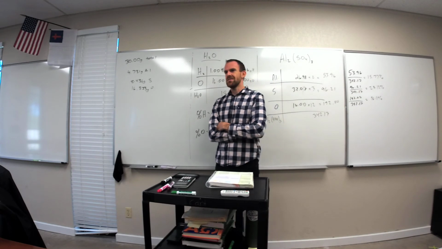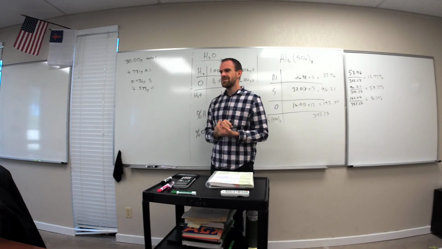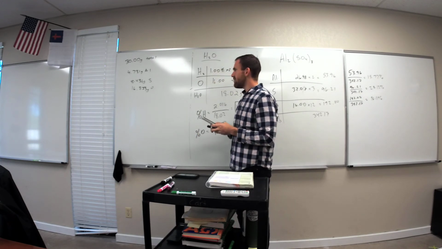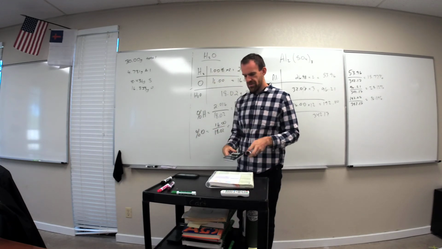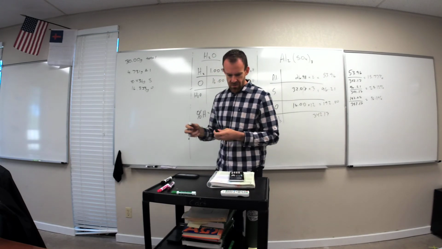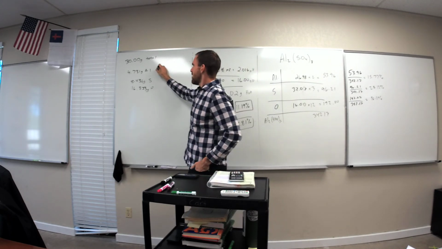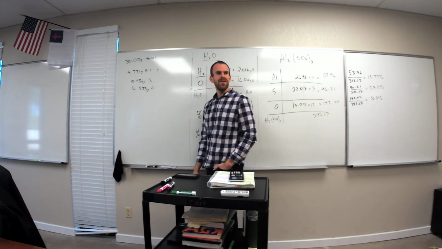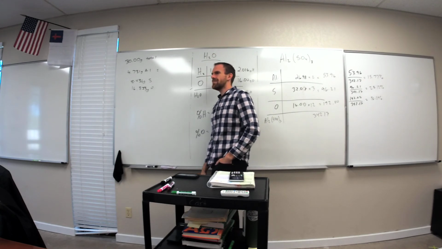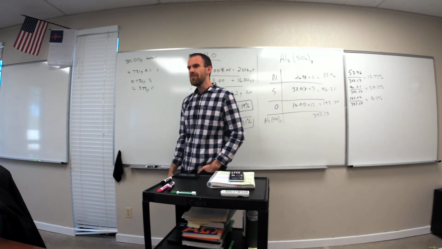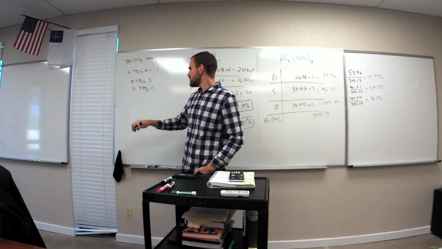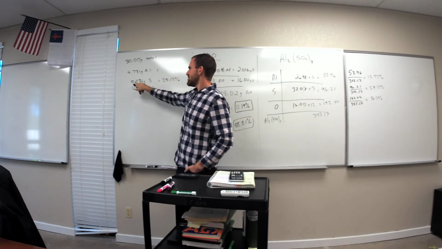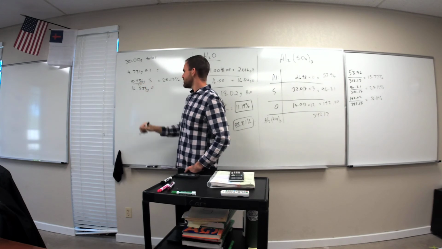You have 10 seconds. 9, 8, 7, 6, 5, 4, 3, 2, 1. All right, aluminum, what's your answer? 15.77. That is incorrect. Sulfur, what do you guys have? 12%. How did we get that? Take this number and divide by 30.